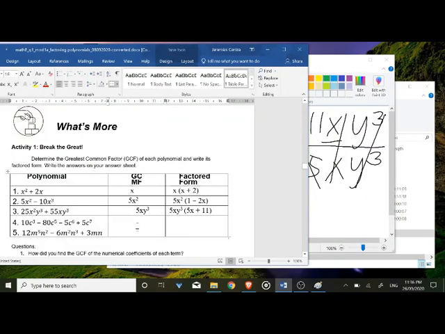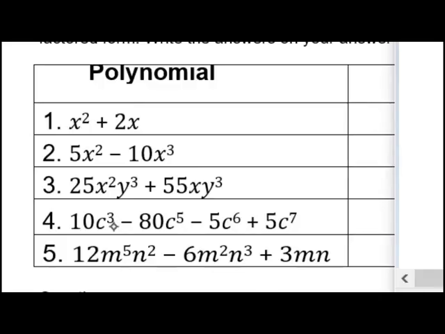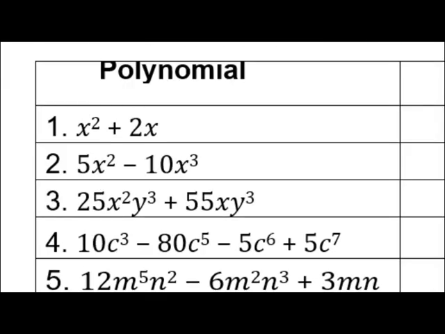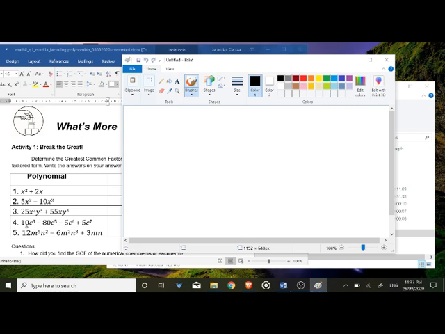Okay, let's proceed. Number 4. 10c cubed minus 80c to the 5th power minus 5c to the 6th power plus 5c to the 7th power. So, unahin natin yung c, numerical 10, 80, 5, 5. So, is 10 divisible by 5? Kasi si 5 at saka yung isa 5 din. Prime number na yan sila.